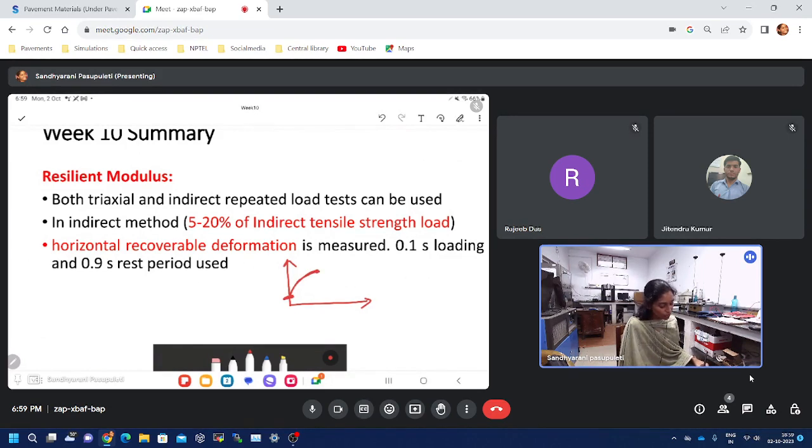When you remove the load, there will be some amount of recovery, but the recovery might not be until the initial stage. Again, if you keep applying the load, it will recover again, but you can see that there will be an increase in the strain. So your strain would be increasing like that.